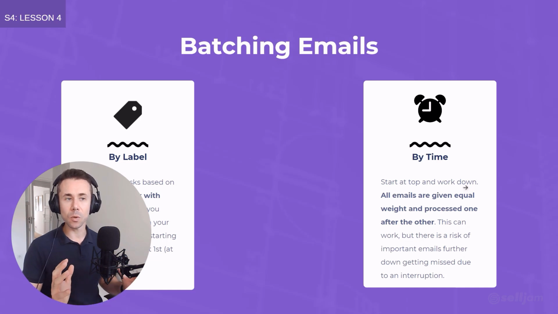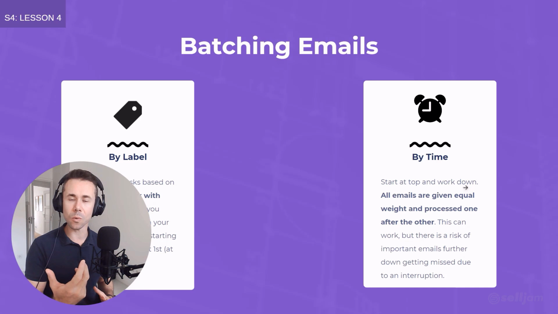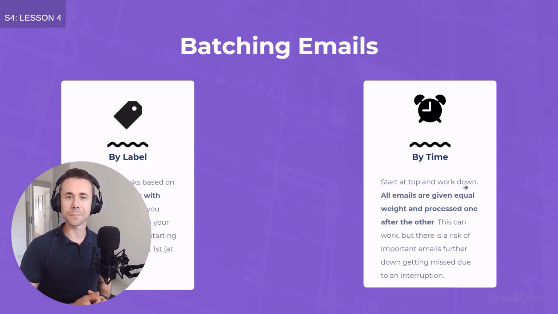So if you are looking to do the time method of batching emails, take it one step further and at least star the emails or prioritize the emails by adding a label or a color or any kind of indicator to make sure that those important ones are bumped to the top of the list, so that if in that time frame you're not able to get through all of the emails, at least you will have covered all of the important and valuable ones.